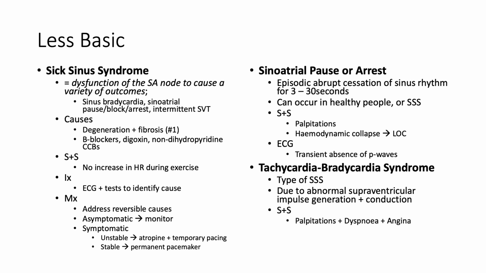Sometimes it might be that when you're exercising, you don't experience your heart rate getting any faster. And with all of these, an ECG will tell you what's happening. If there's a cause, reverse it. If they're asymptomatic, you can just do some follow-up. And if they are symptomatic, then it's the same as the sinus bradycardia we had before.